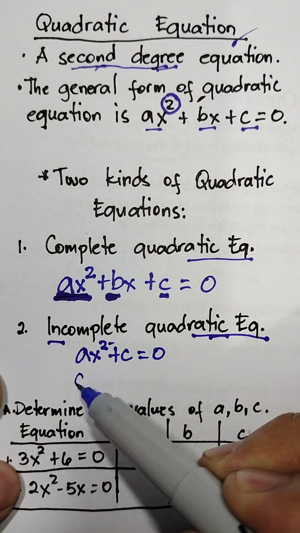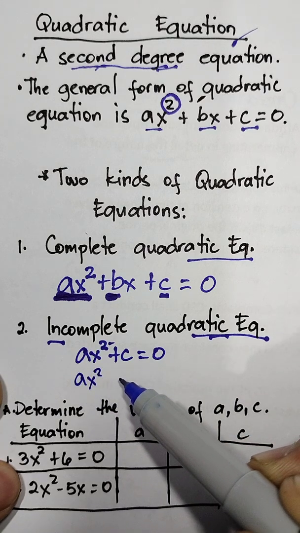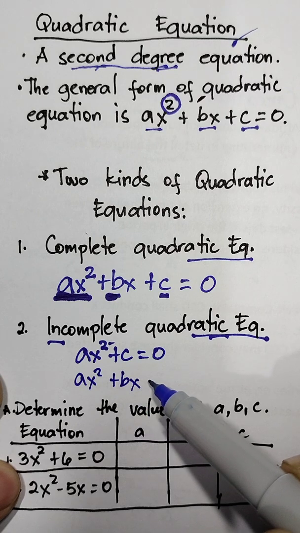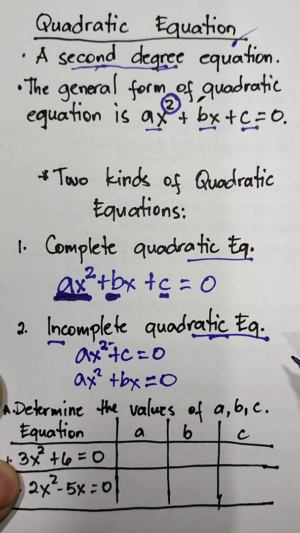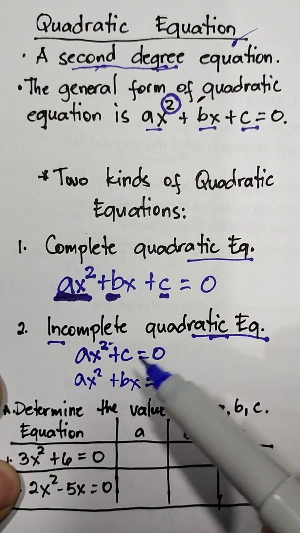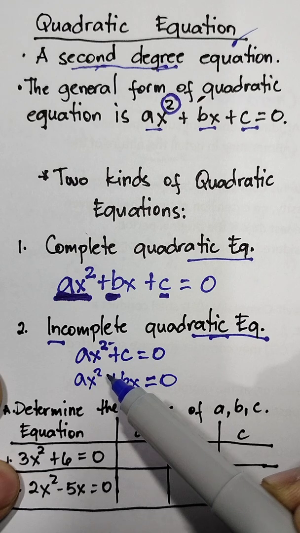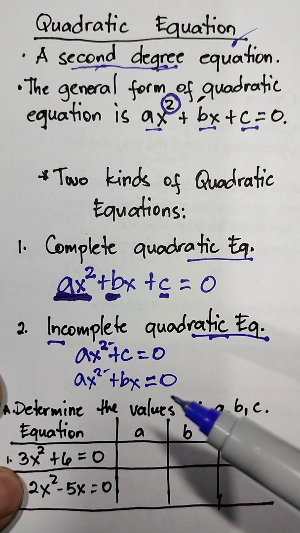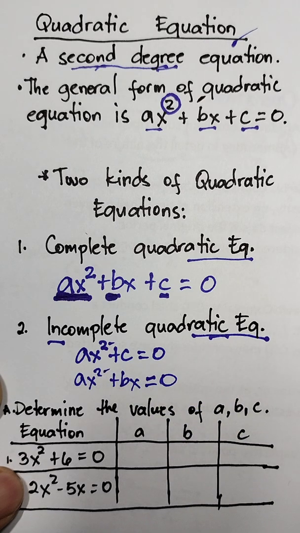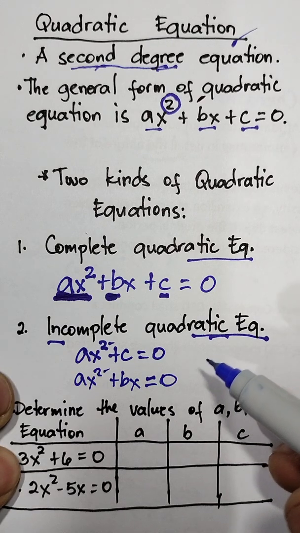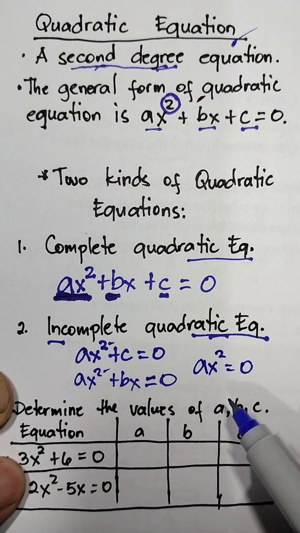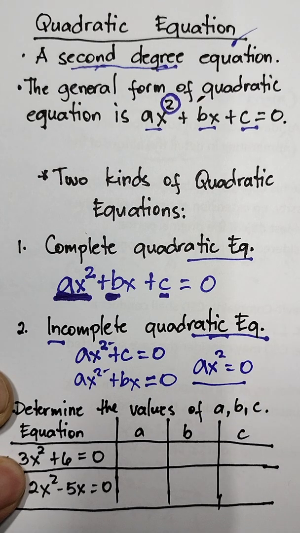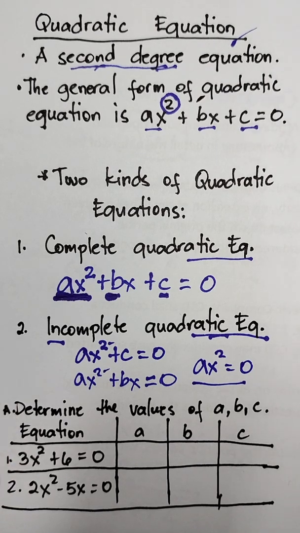And this one, ax squared plus bx equals 0, is an incomplete quadratic equation, but the exponent is 2, so it is still a quadratic equation, a second degree equation. And last is ax squared equals 0. Still it is a quadratic equation, but an incomplete one.